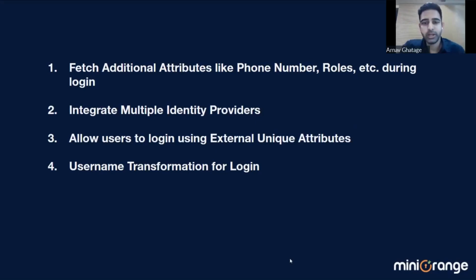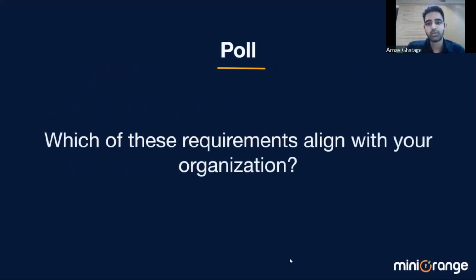Let's say that you have two IDPs and you want to configure both of them for SSO. That's also possible. You can also use domain-based or directory-based user login. And finally, you can extract the exact username from an email or any other attribute for login using our regex feature.